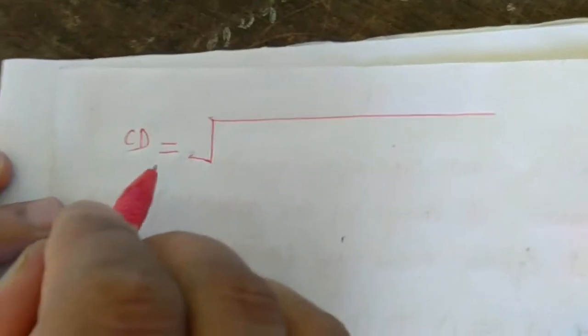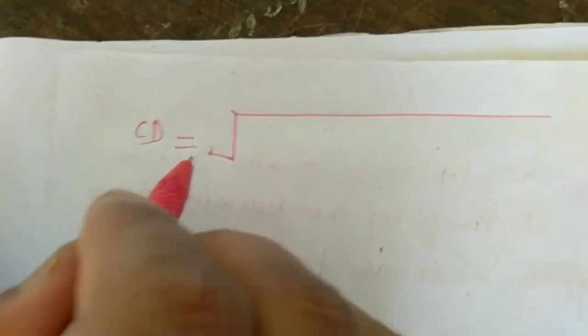now it was CD. Okay, same, root over x2 minus x1 whole square plus y2 minus y1 whole square.